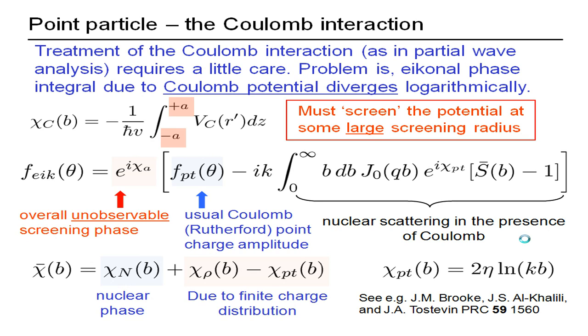This S matrix is slightly modified because, in addition to the nuclear interaction, it contains the fact that the Coulomb interaction you use at short distances is not 1 over r. There's an additional departure from the 1 over r at short distances due to the uniform charge distribution you normally use, and that bit must be included in the interaction that you calculate as being a departure from the point Coulomb interaction.